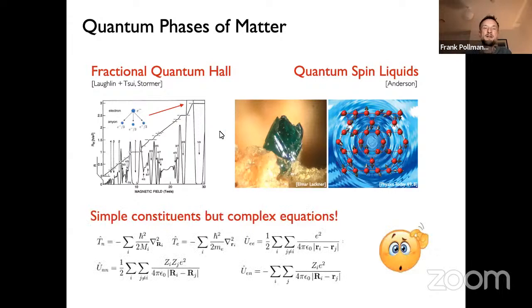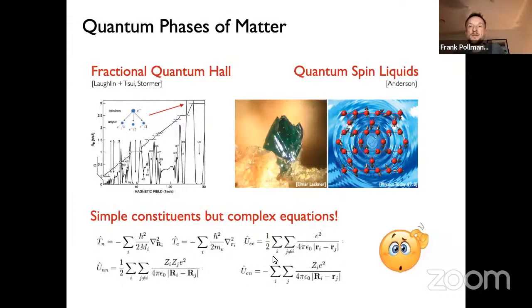And as a condensed matter theorist or physicist, we are actually in a pretty great position, because we do know all the underlying or the relevant equations. Whatever material we want to describe, it is described by the kinetic energy of the nuclei, the kinetic energy of the electrons, the interaction of the electrons among each other, the interaction among the nuclei, and the interactions between the electrons and the nuclei.